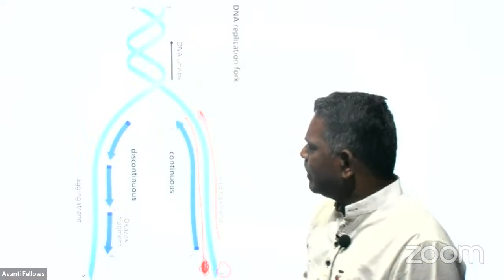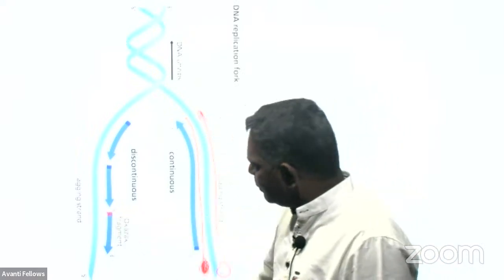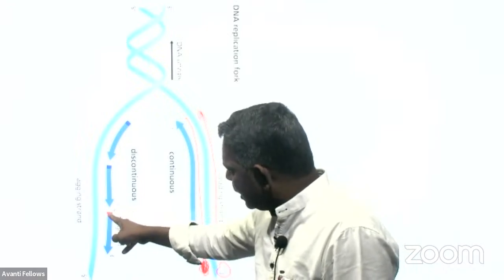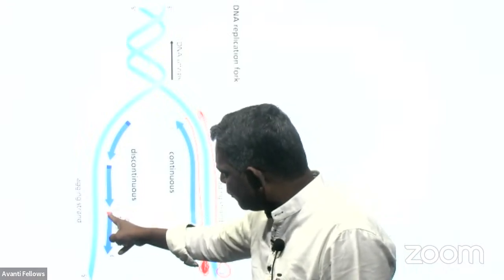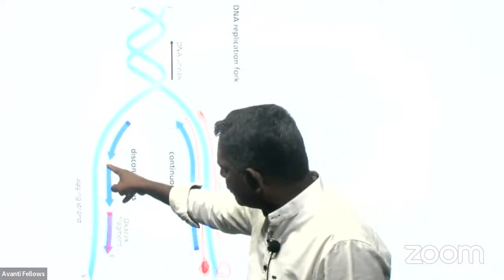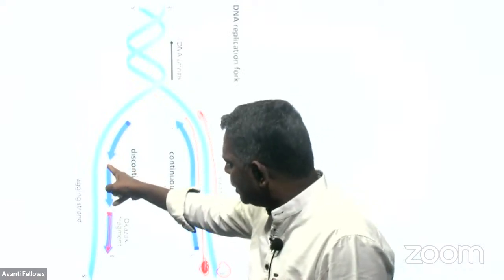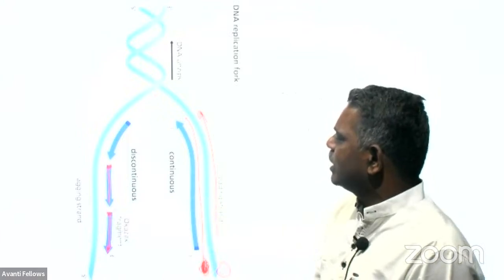So what happens? It makes a small primer here, and from this primer it elongates the new DNA strand from 5' to 3' direction, and another primer will be placed here, and from this RNA primer new strands will be elongated from the 5' to 3' direction.